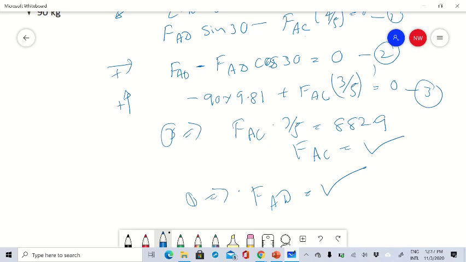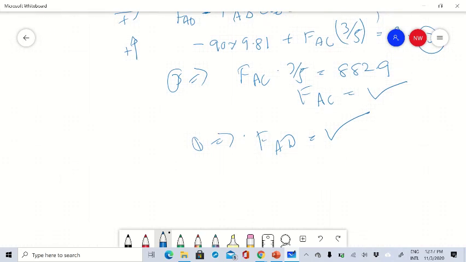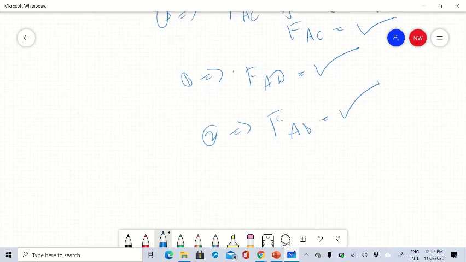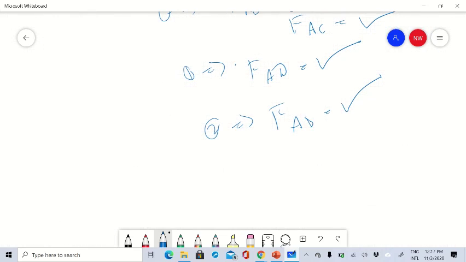So if you know the FAD, from equation 2, you can find the value of FAB, right? So you can find the tensions in the AD cable and the AC cable, and now we need to find the stretch in the spring, right?